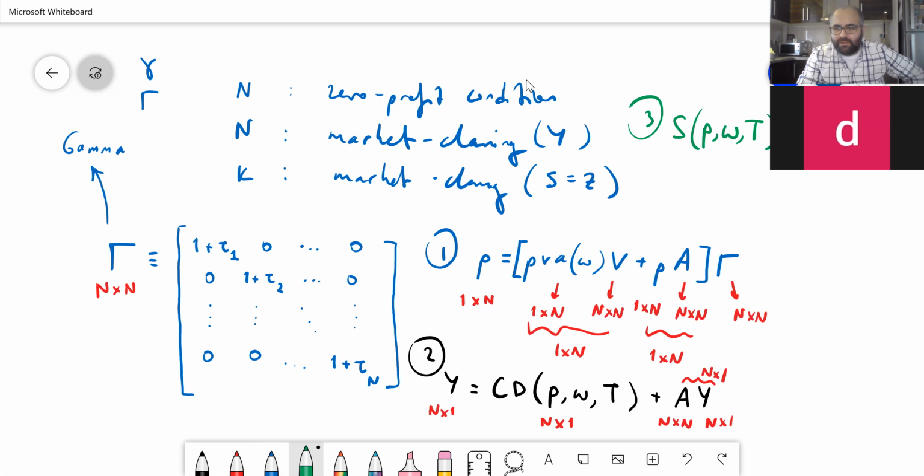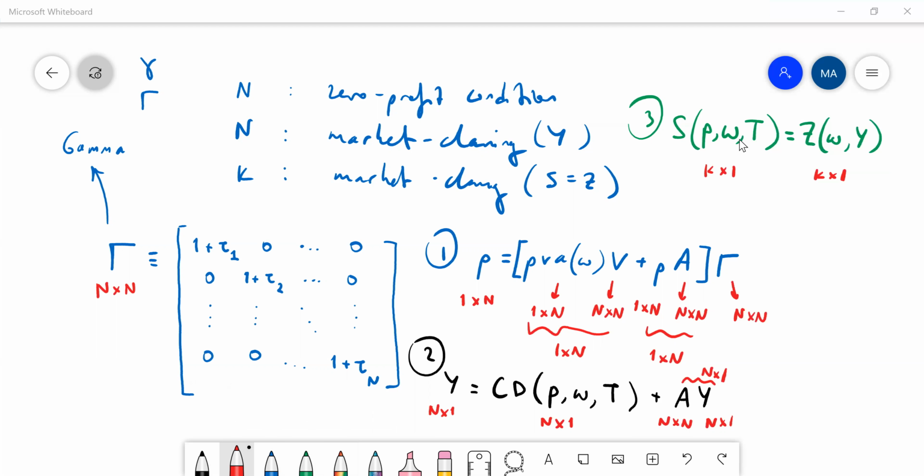And firm's demand depends on factor prices and the output. Okay, and here we have the dimensions k by 1 and k by 1 because these are basically vectors. Okay. Now at this point, I want you to count the unknowns and the equations.